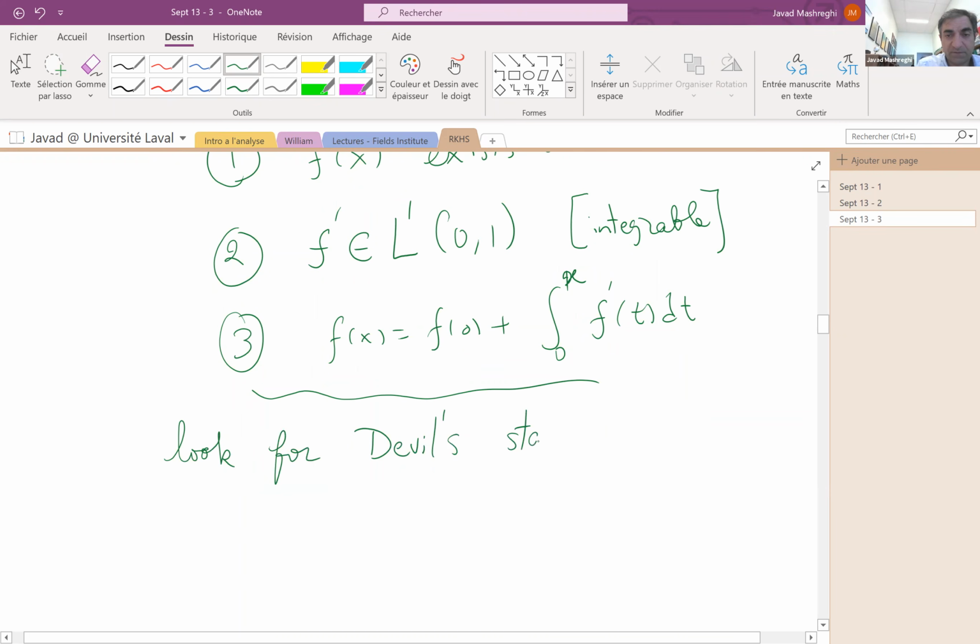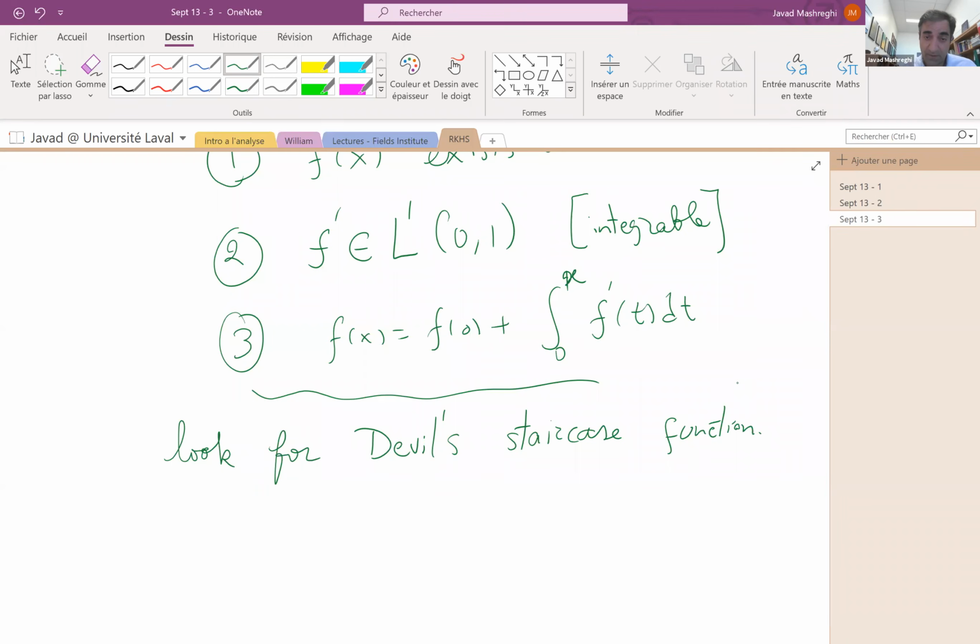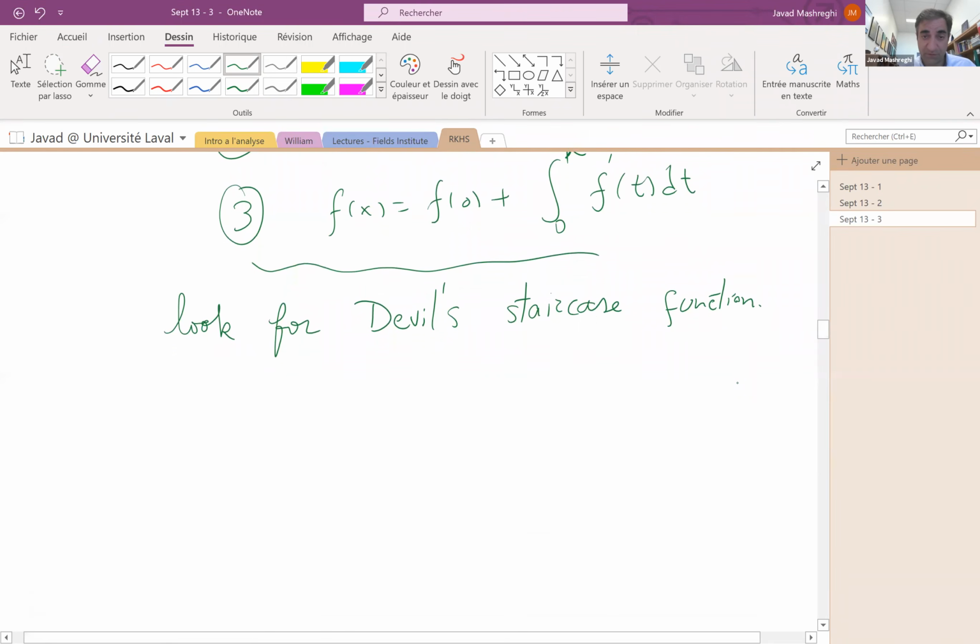This is a function defined on the Cantor set on [0, 1]. Sometimes it's even called the Cantor staircase function, or Cantor-Lebesgue function.